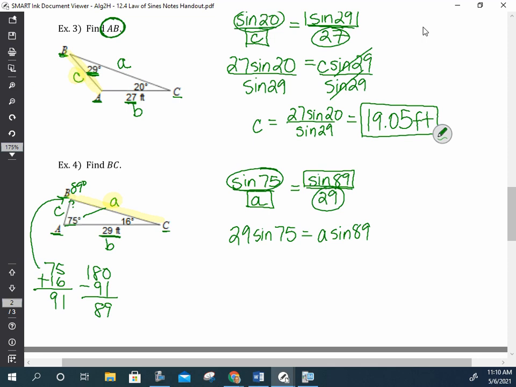You need A by itself, so divide. A equals 29 sine of 75 over sine of 89.